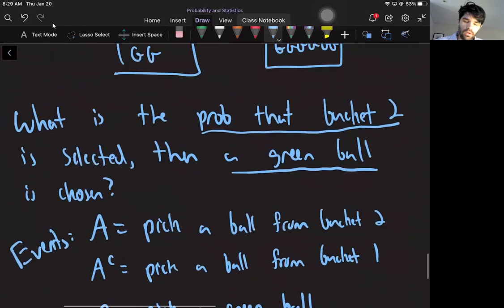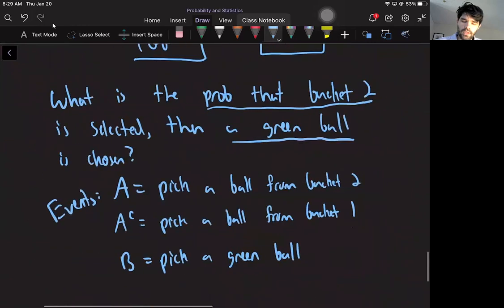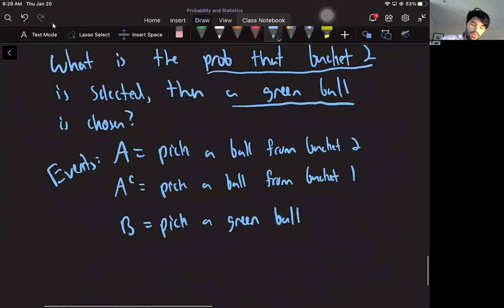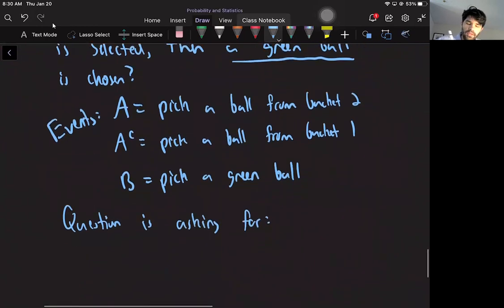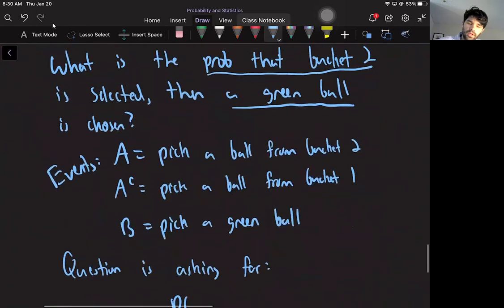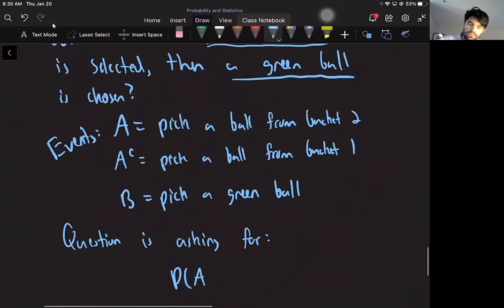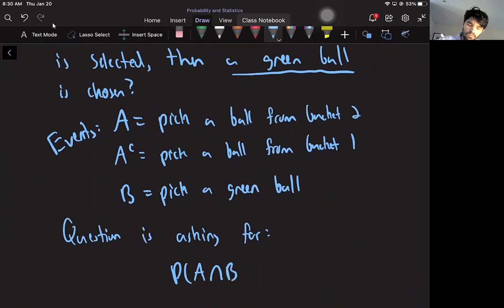Okay, so then this question, in terms of these labels, is asking for the probability of picking a ball from bucket 2 and picking a green ball. So it's really looking for this.